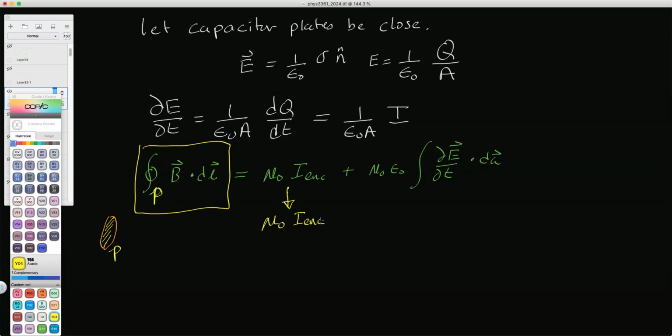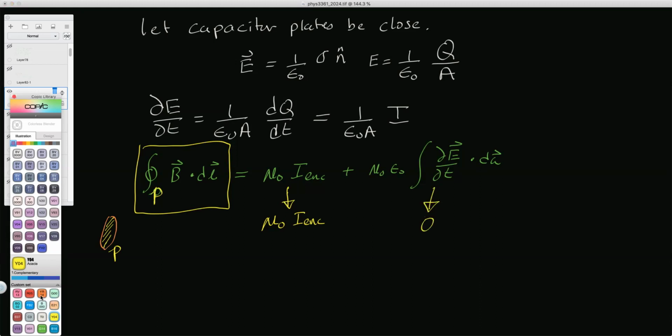But here E is 0, right? There's no electric field over on the wire, basically. There's no buildup of charge. It's just current, right? So this part is 0.